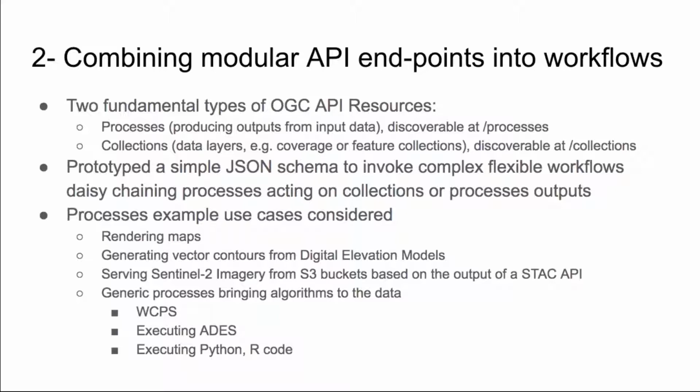So that's another example of a bit more complicated process, which actually works. There's a feature collection API there, which is the STAC instance, and then you have a process that takes that feature collection and generates a coverage out of it by accessing the S3 buckets where the data actually resides.